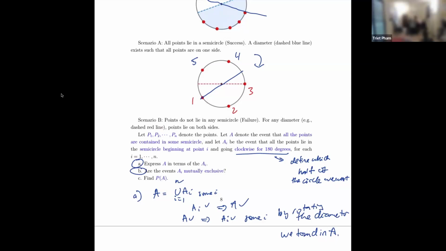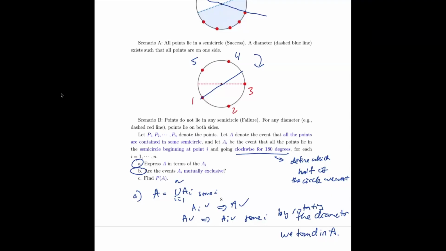Obviously, if we have A as a union of the AI, then we just have to do P(A) as the P of the union of AI. But do the AI have any intersection? Well, they must have, because the semicircle is the same one, isn't it?